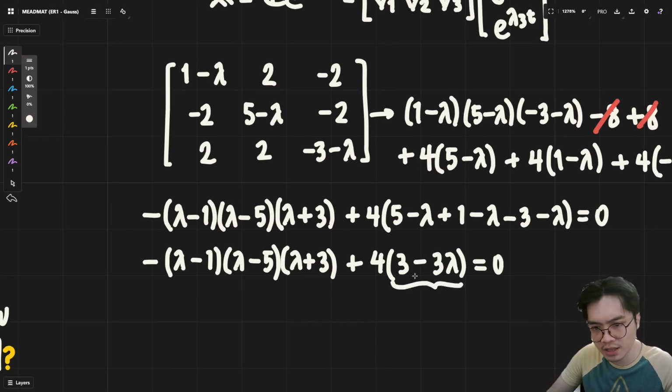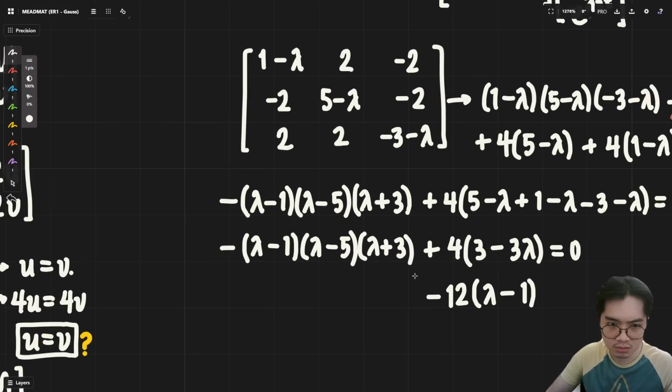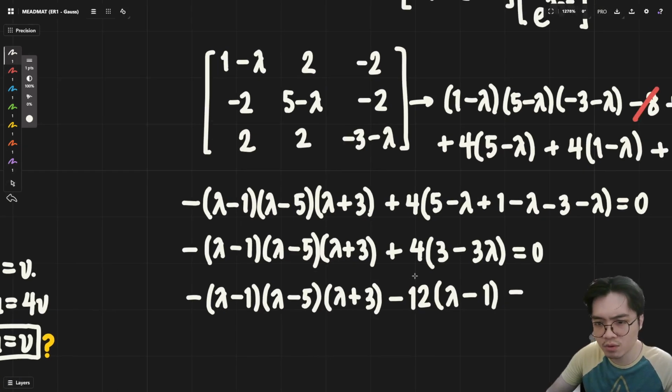As you can see, there is a common factor here of 3. But what if I pull out a negative 3 instead? What will happen is that there will be a negative 12, and then there's a lambda minus 1. In here, there's also a lambda minus 1. It's very interesting. In fact, we can remove the negative signs because we can just multiply everything in here by a negative 1.